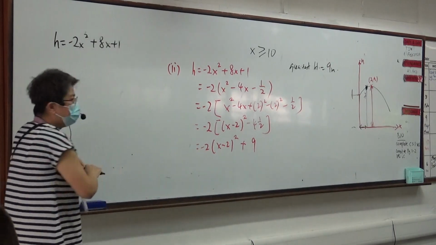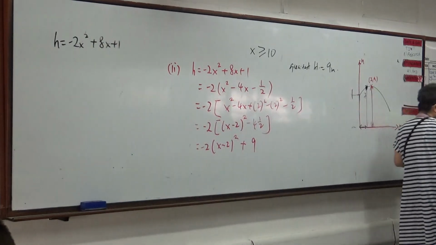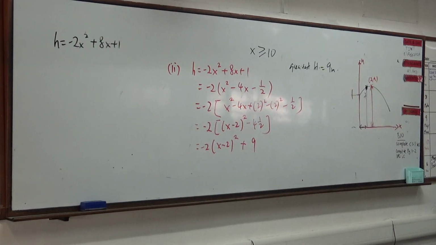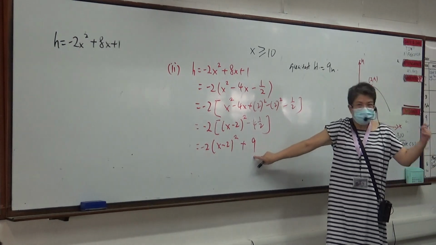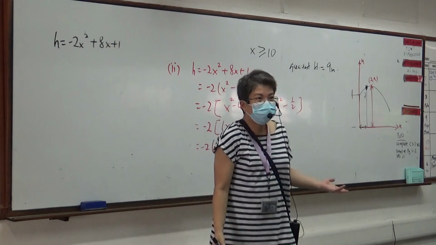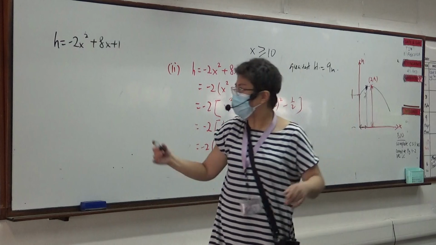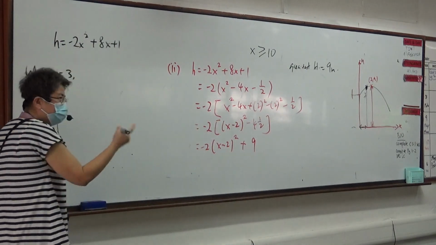Now, class, look at the textbook solution. Sub the answer to here. But actually, I can also sub here, the equivalent. I will show you. When x is 3, let's look at the textbook first.